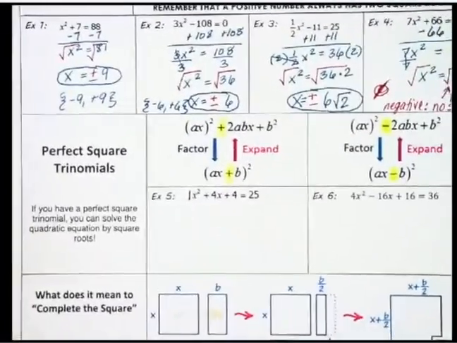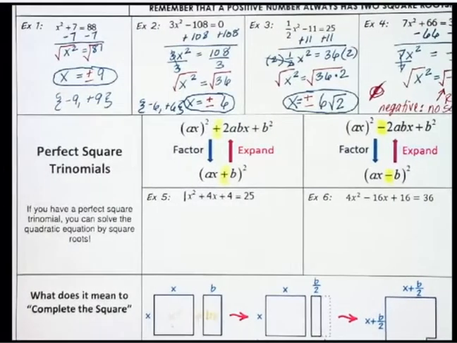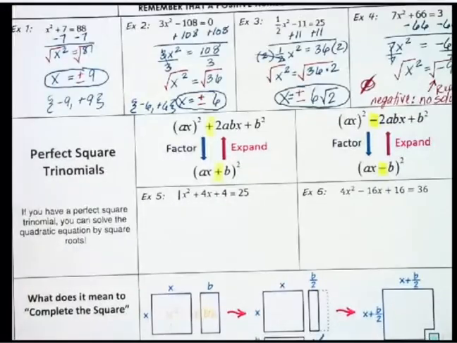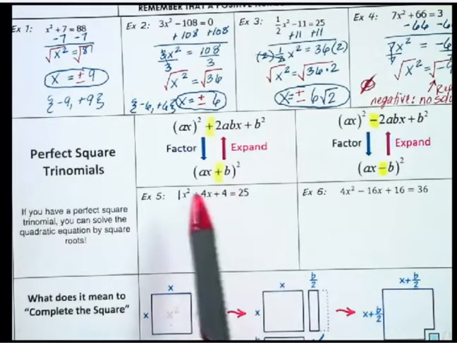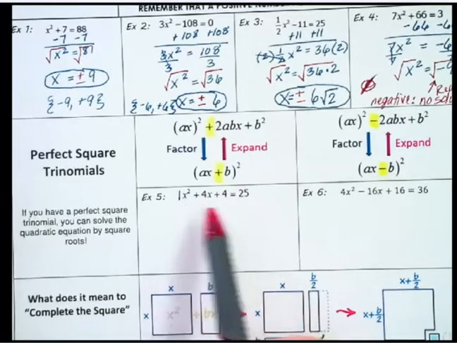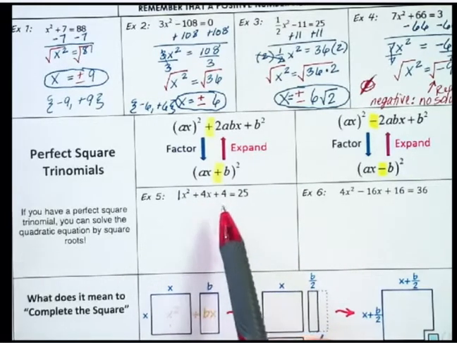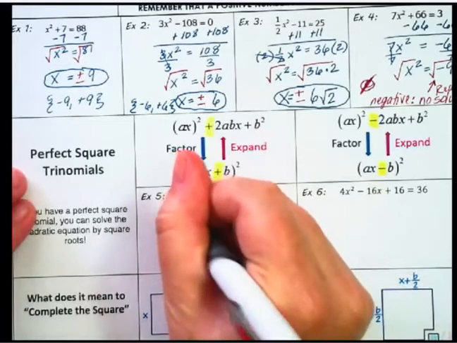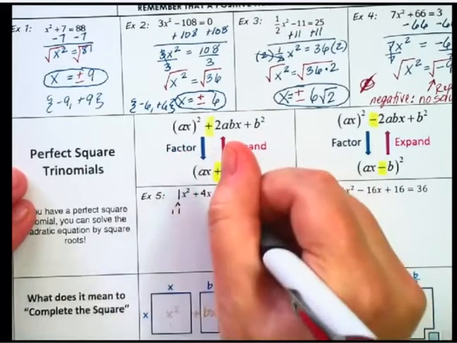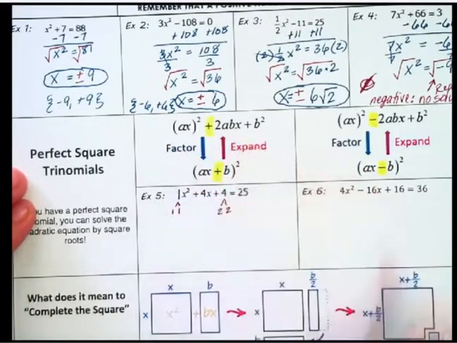Now we're going to look at perfect square trinomials because we can solve these in a similar way. A perfect square trinomial is when you have a perfect square in the front and a perfect square in the back. So let's look at what these squares are. This is 1 times 1, and this is 2 times 2. Okay?